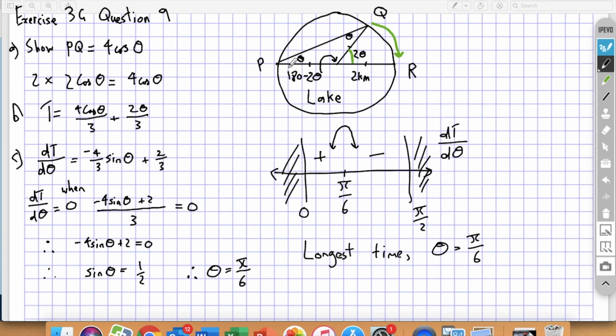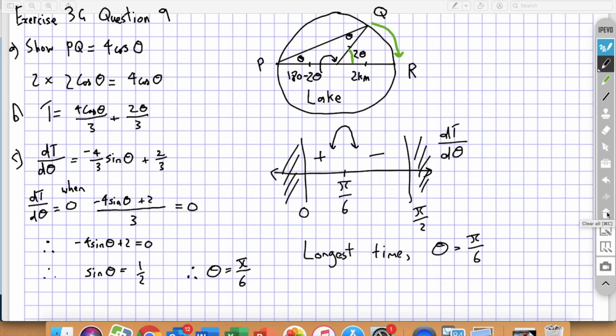So he needs to row from P to Q at 30 degrees or pi on 6, and then he needs to walk. You could find that time, right? We have an equation for time here. We could plug pi on 6 into that equation and find out what the time is. It doesn't ask me to do that, okay?